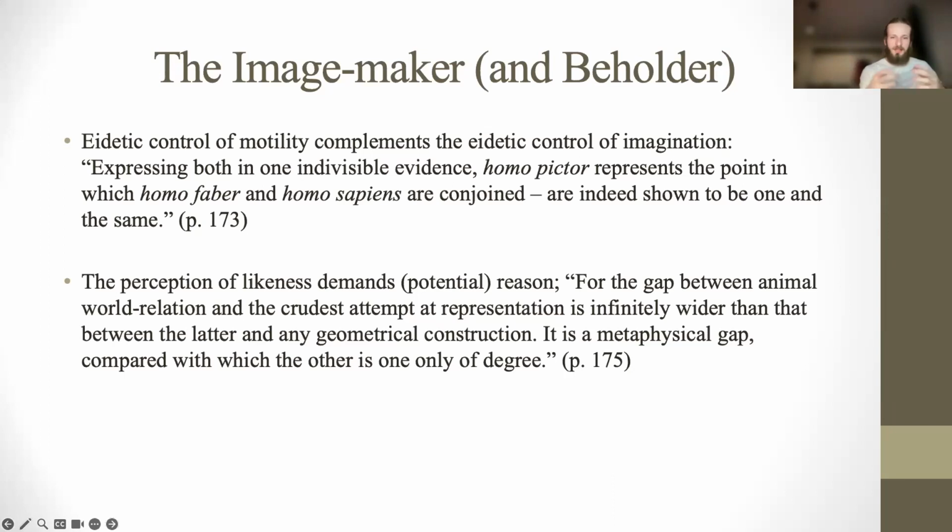The eidetic control of imagination requires and implies also the eidetic control of motility of the body, the capacity to paint, to depict something. A short quote here: expressing both in one indivisible evidence, Homo pictor represents the point in which Homo faber and Homo sapiens are conjoined, are indeed shown to be one and the same. Once again, the point on depicting and viewing images being inseparable.